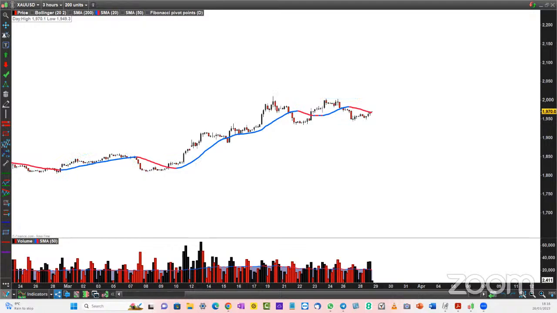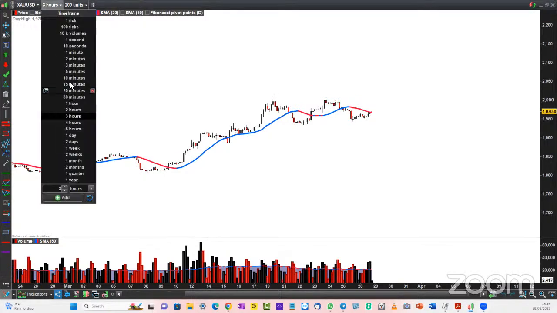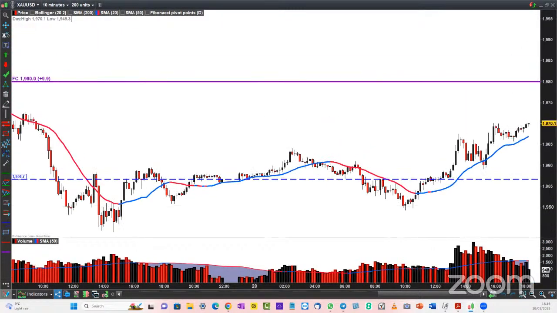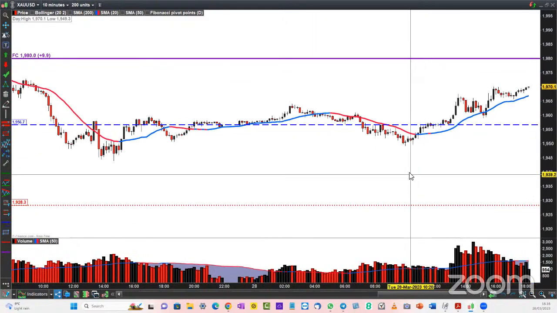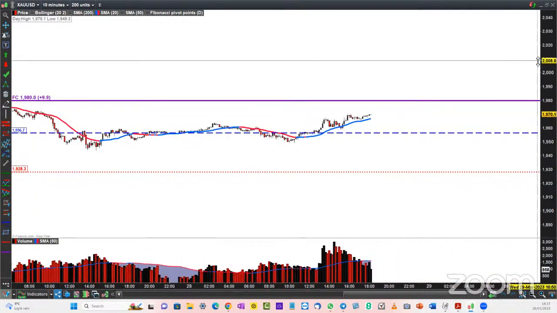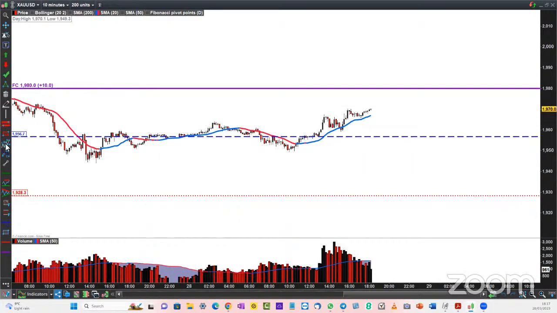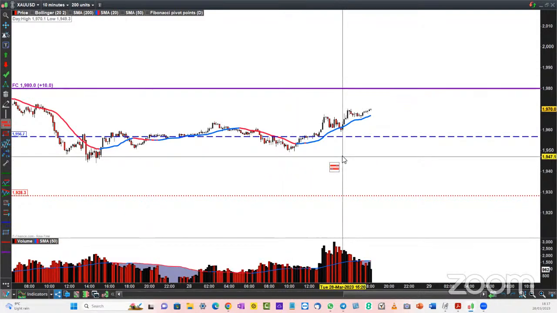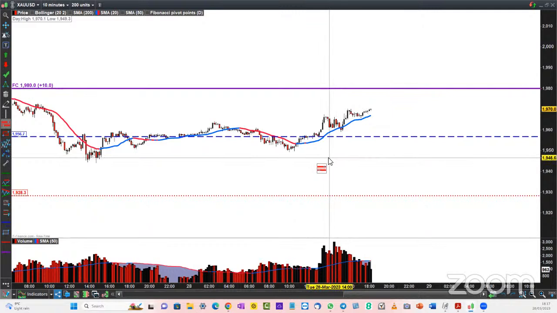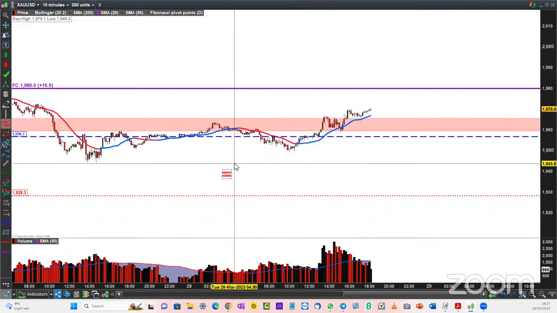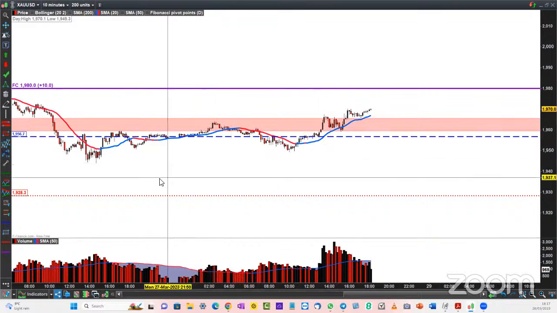And if you drill down into a smaller time frame, let's look at a 10-minute chart. If you're day trading it, this is a good time frame to be looking at, and it's just grinding higher today. It's not moving higher at any speed. If we look at the 2 o'clock open, 2 o'clock UK time, where is that? That's here. That's when New York tends to come in.